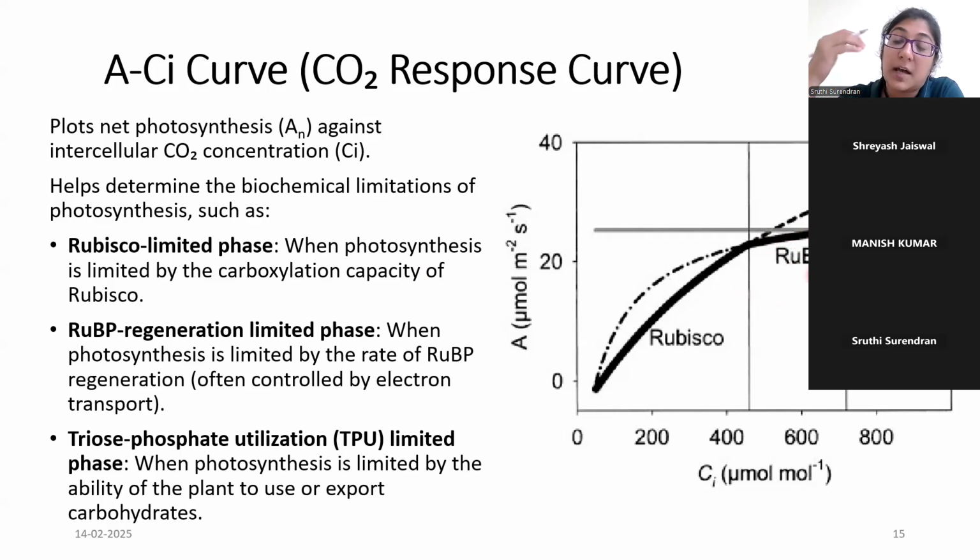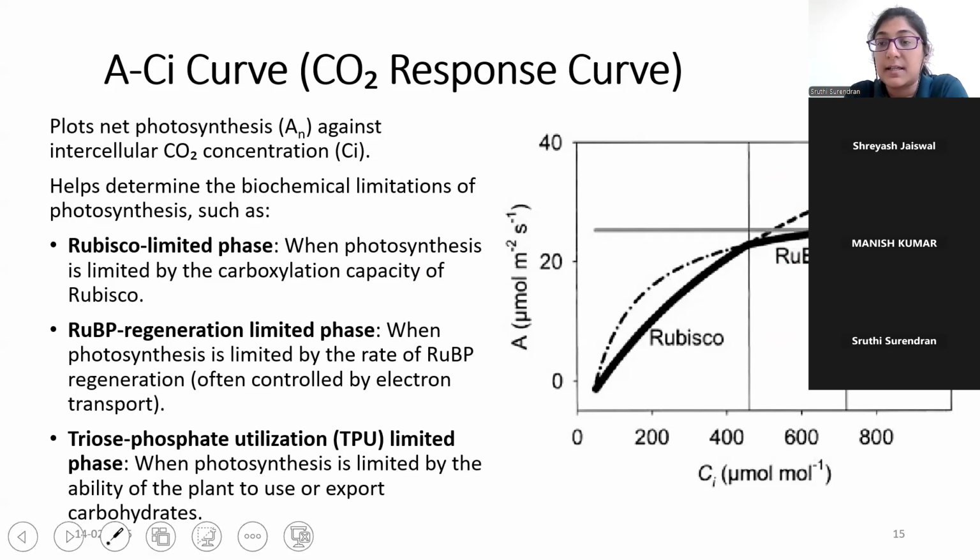Now, if RuBP regeneration is very high, we can also get the information about the RuBP regeneration rate from this part of the curve. So we say this is the RuBP regeneration limited phase of photosynthesis. Whatever rate of photosynthesis is happening in this part of the curve is being affected or controlled by the rate of RuBP being regenerated.